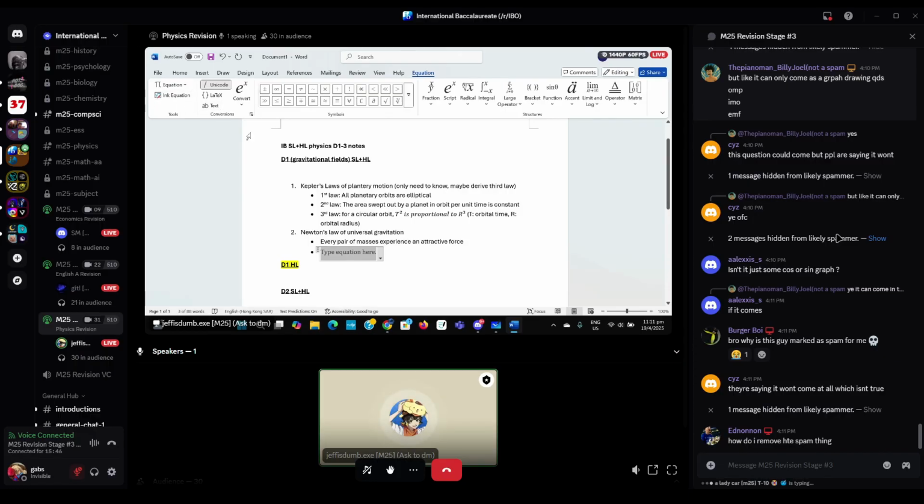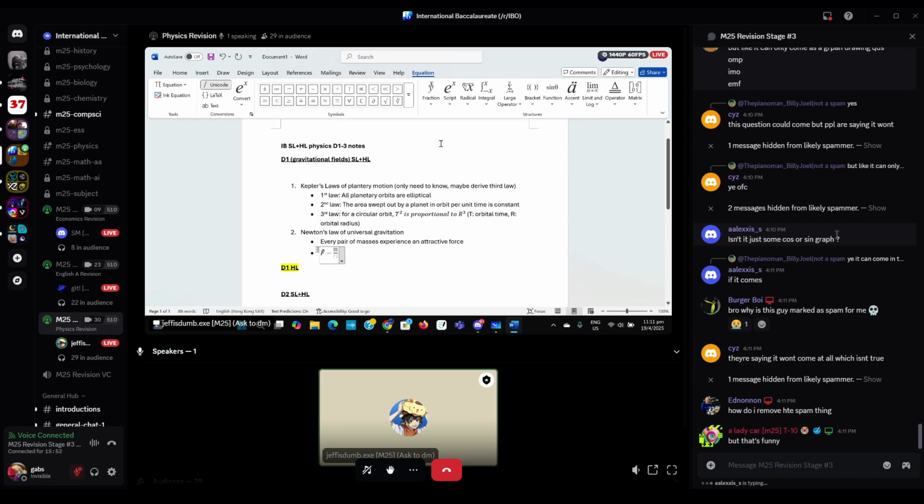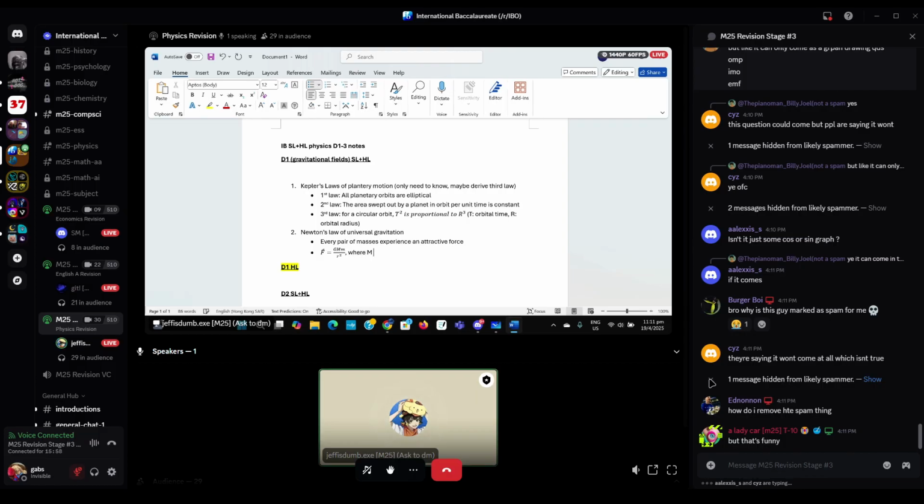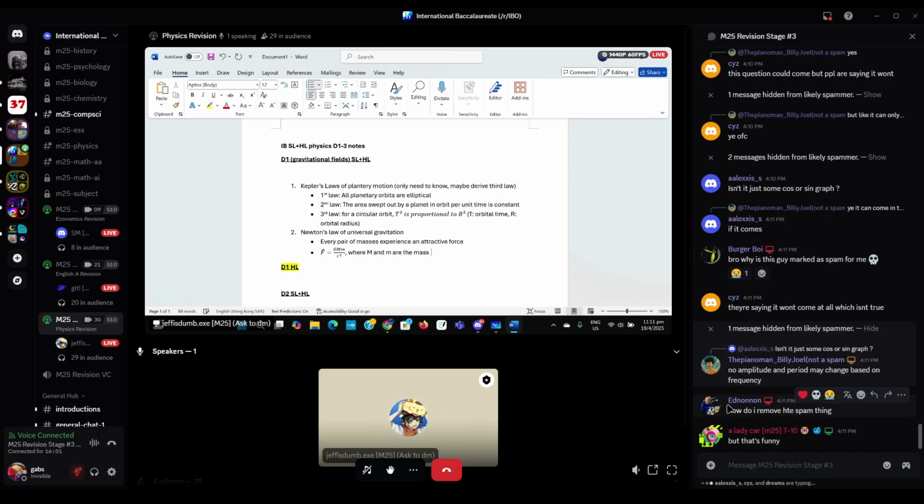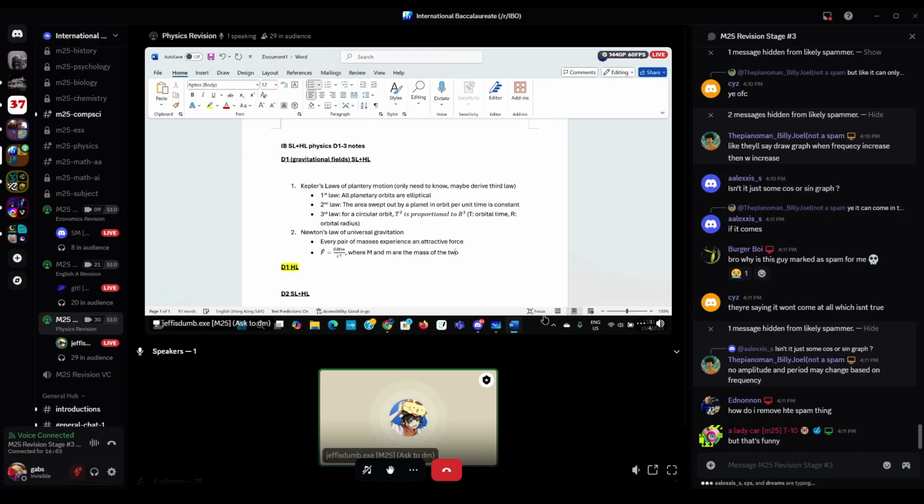The equation for this is: the force is equal to G M m over r squared, where M and m are the masses of the two objects, and r is the distance between them.